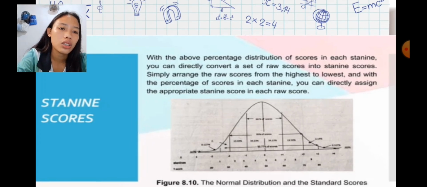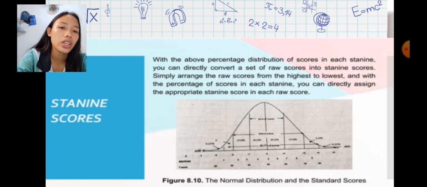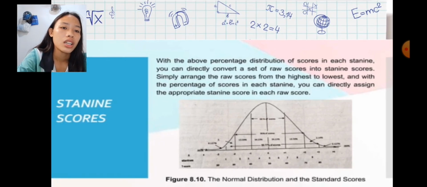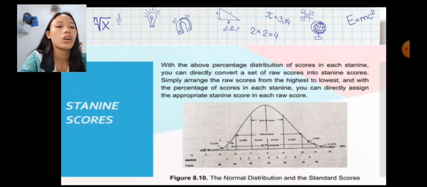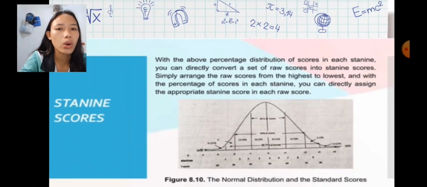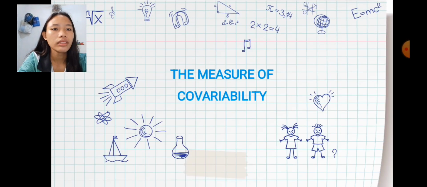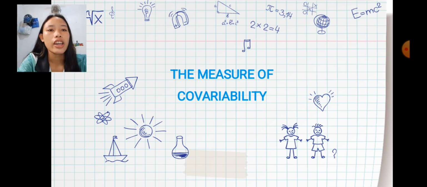Let's take a look at figure 8.10, the normal curve and the standard scores. So we are done with the measures of position and the standard score. The next topic, the measure of covariability, will be tackled by the next reporter.